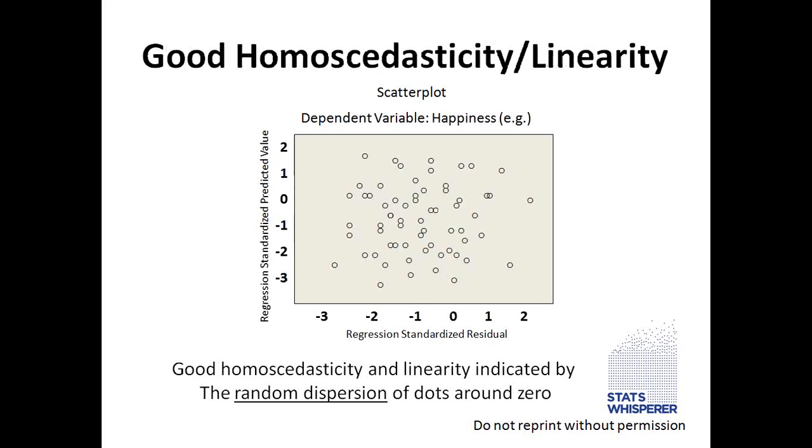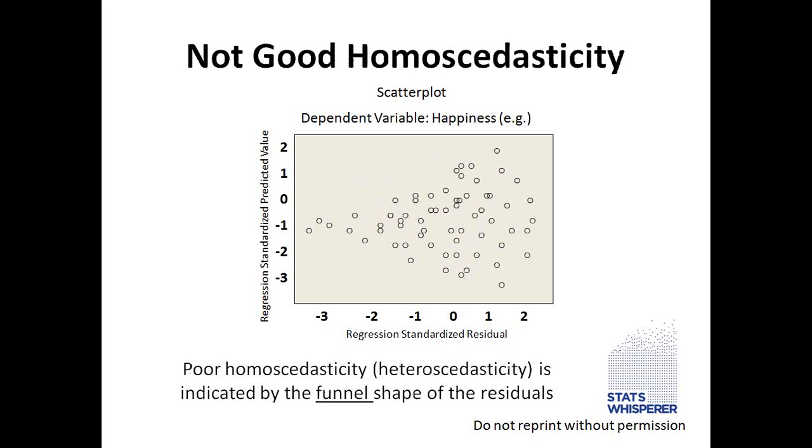So we did that. See, that's what it sort of looks like. So there's good homoscedasticity and linearity because the dots are randomly located around 0. Now where it wouldn't work out for us is if it looked like this kind of funnel. That would indicate that the dots are not evenly dispersed.